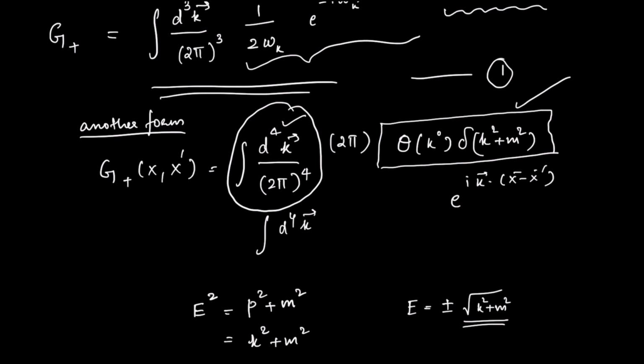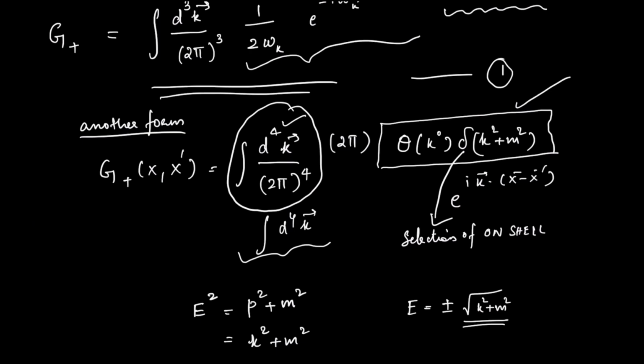But how do I select the on shell momenta? That function is actually carried out by the Dirac delta function. Selection of on shell momenta is carried out by the Dirac delta function. So there are no constraints for k in the integration, but the constraint is actually enforced into this function by the Dirac delta.